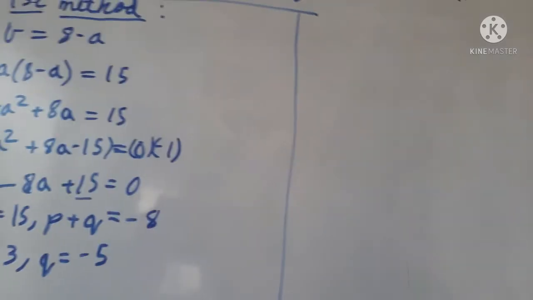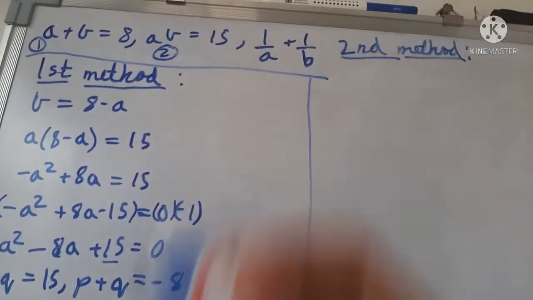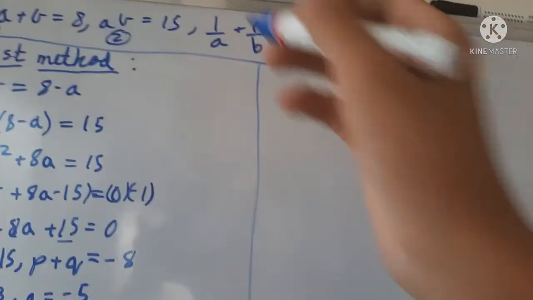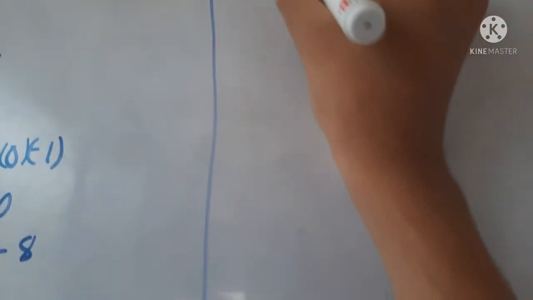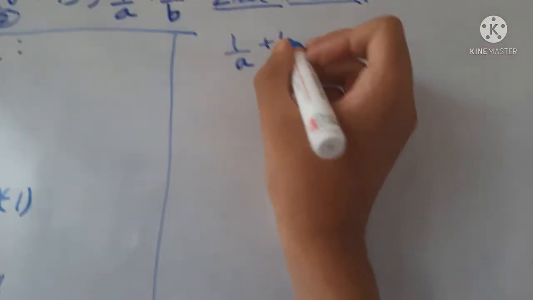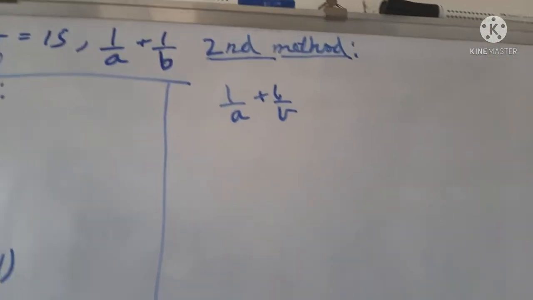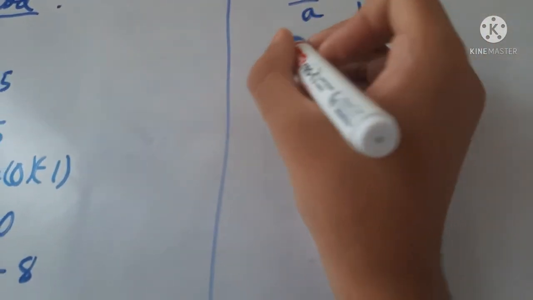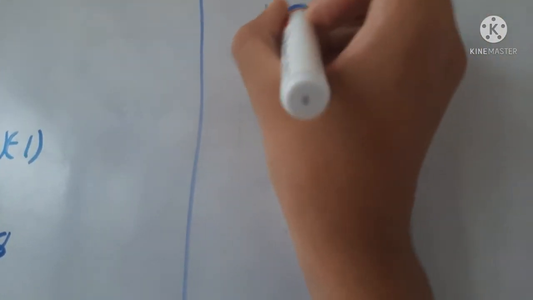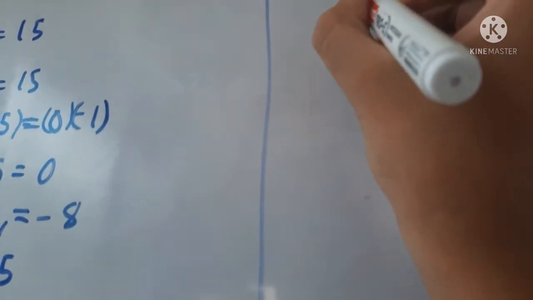Here, in the first method, we used blatant substitution. We didn't even consider what this was. But for the second method we'll be smart. We'll try to simplify the expression 1 upon a plus 1 upon b. We can take a common denominator, so we get b plus a upon a times b.